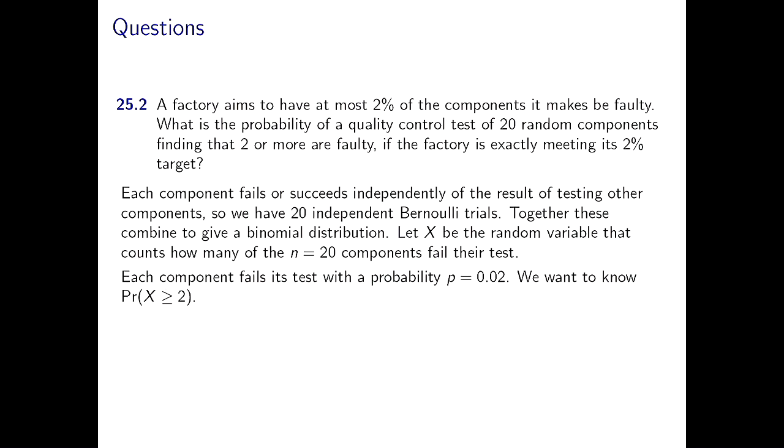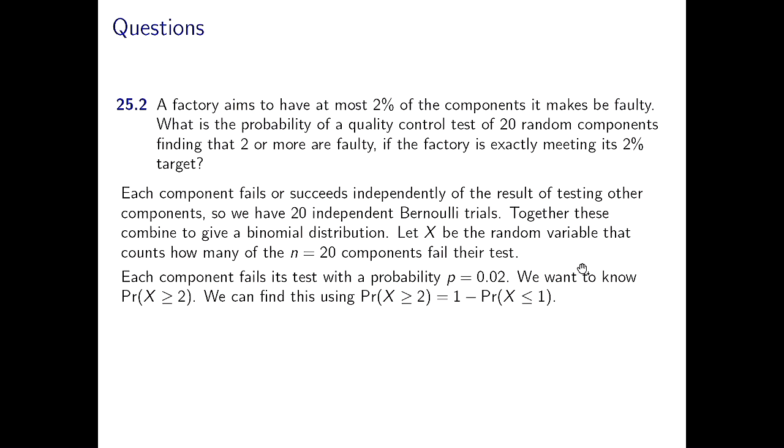What's a good way of trying to work this out? Yes, so it's going to be a pain to add up the probability that X is 2 and 3 and 4 and 5 and 6 and all the way up to 20. It's much easier to say, well, this is the complement of X being less than or equal to 1.